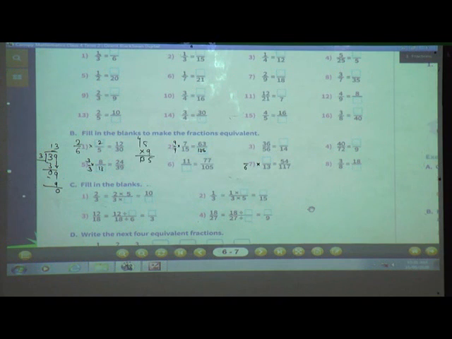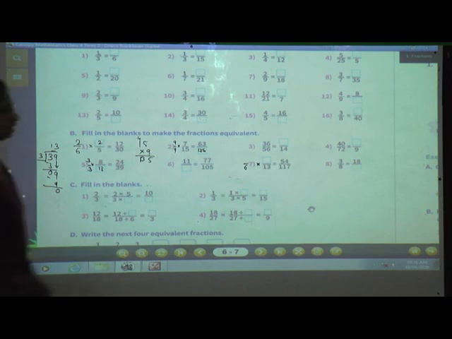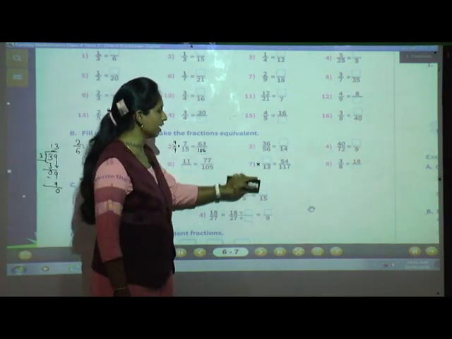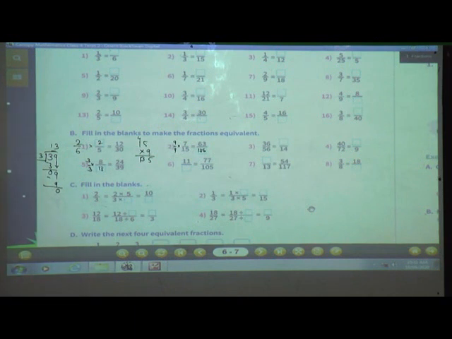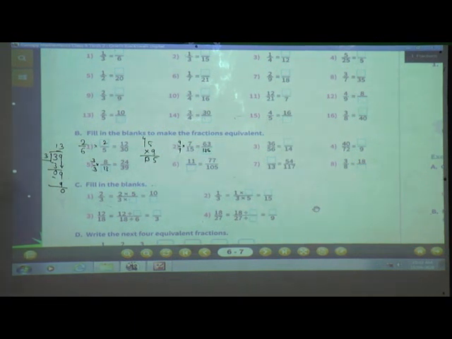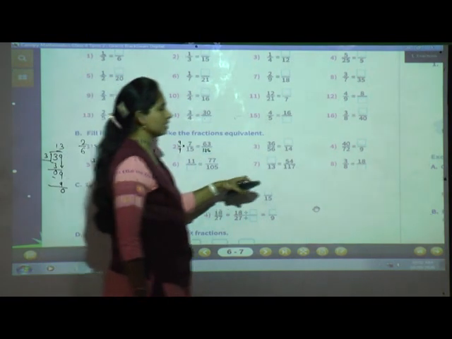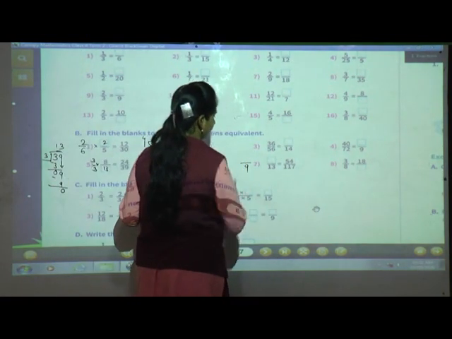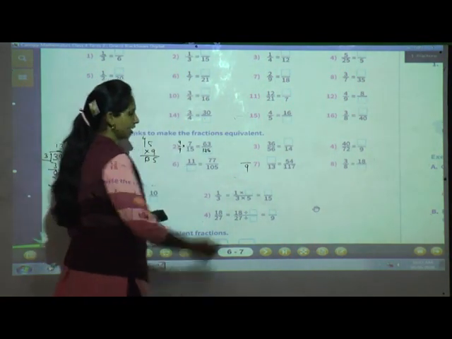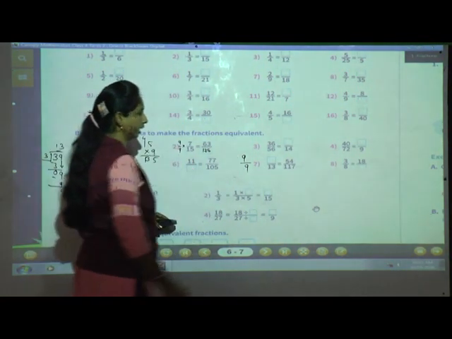Is it correct? No, it is not correct. Now tell me, in 13 table 117 is there or no? Yes. Now see, in 13 table where is 117? When we multiply with 9 we get 117. So here also should go 9.